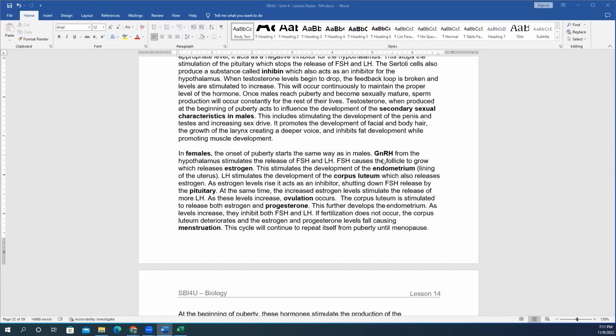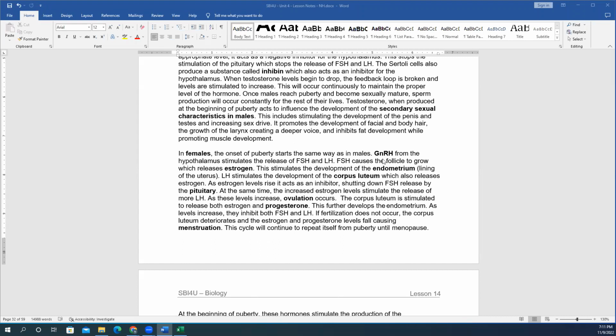Follicle-stimulating hormone causes the follicle to grow. These are follicles on the ovaries where eggs are released, and the growth of the follicle releases the hormone estrogen. And estrogen stimulates the development of the lining of the uterus, the endometrium.